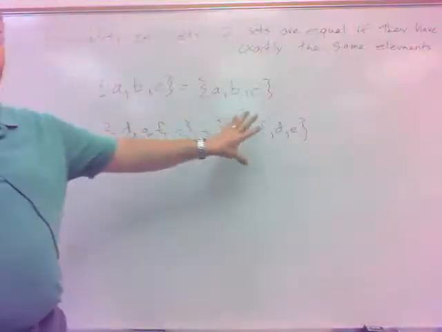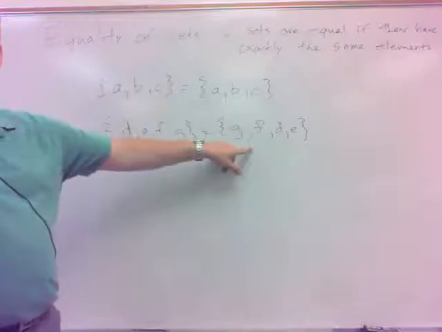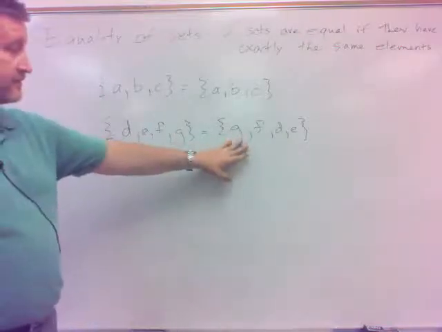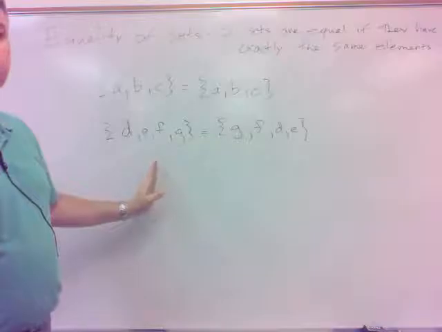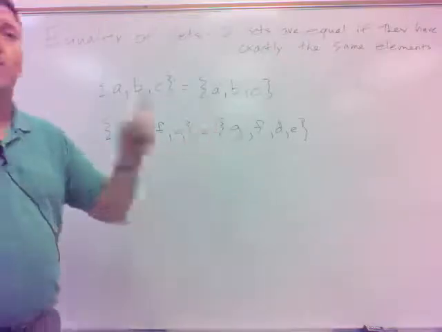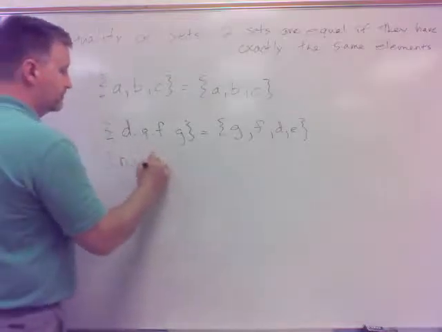Even though they're listed in a different order, why are these equal? Well, all the elements here are elements over there, right? All the elements here are over here and vice versa. This is equal. They have exactly the same elements. What does this mean? In sets, does the order really matter? No. In sets, the order doesn't matter.